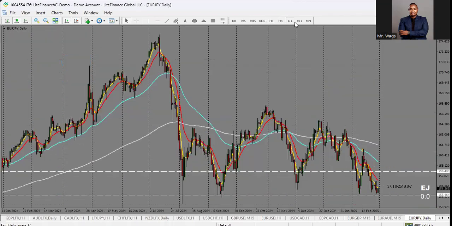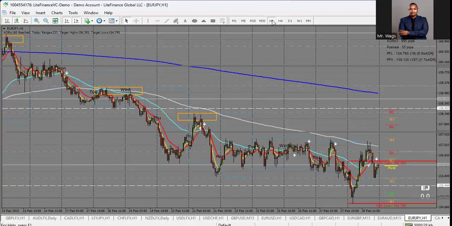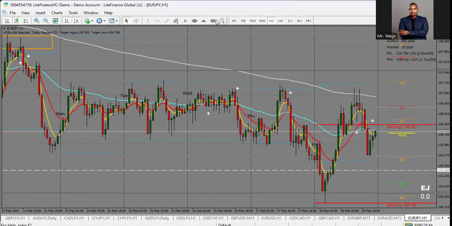I am still expecting to have a sell. At least it might break this low here before having the reversal. I'm still expecting it to sell. So I would look at these rejections here and this high here as a peak.